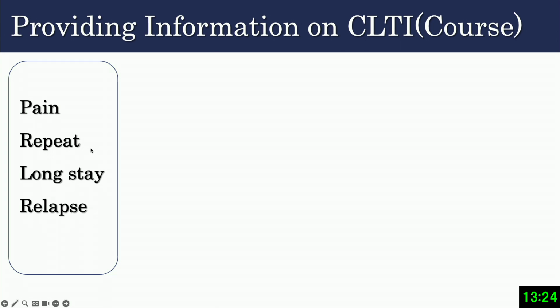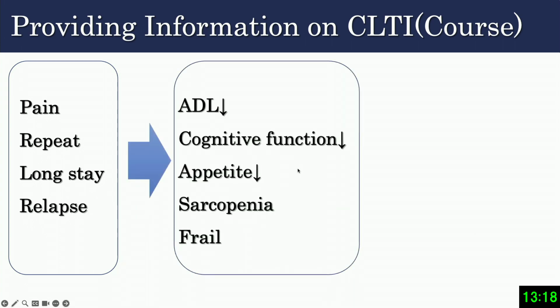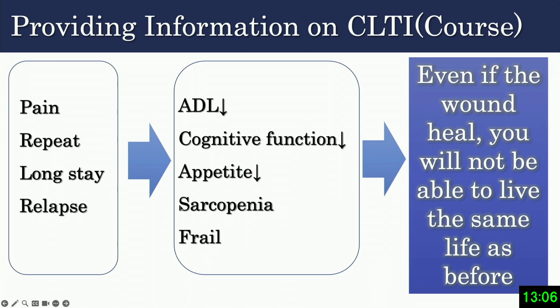We need repeat interventions, and long stays and relapse usually happen. As a result, ADL goes down, cognitive function goes down, appetite is lost, and it will be the cause of sarcopenia or frailty. And even if the wound heals, you will not be able to live the same life as before.